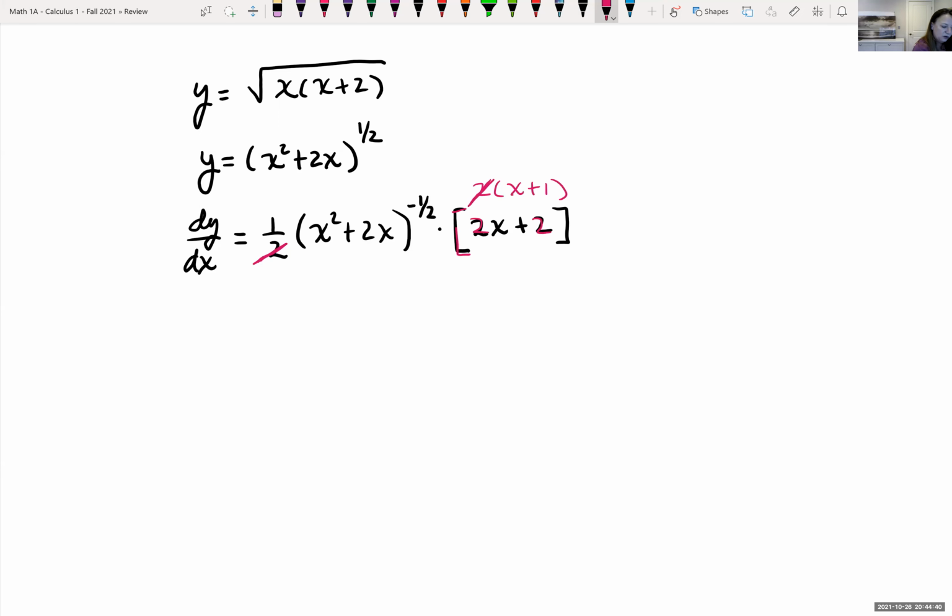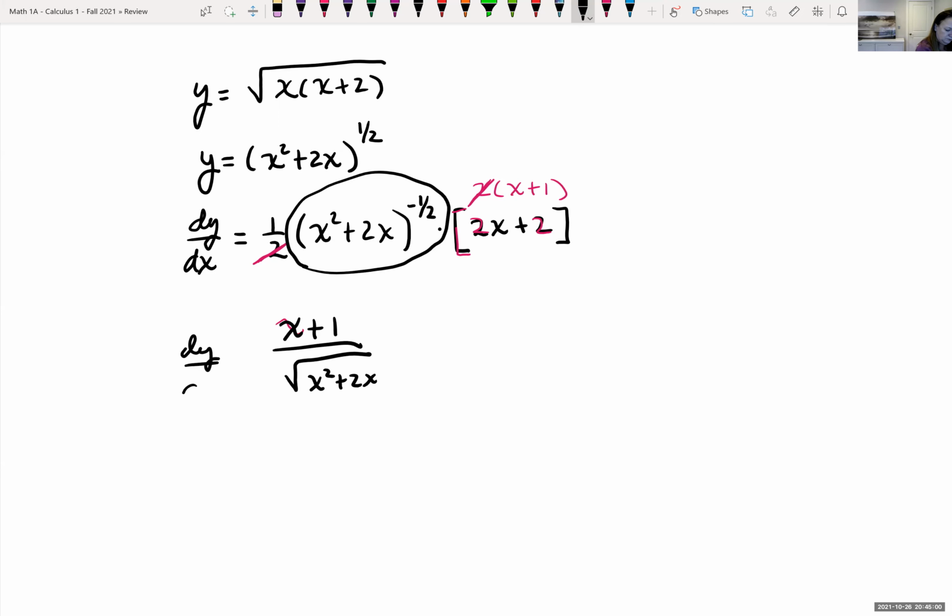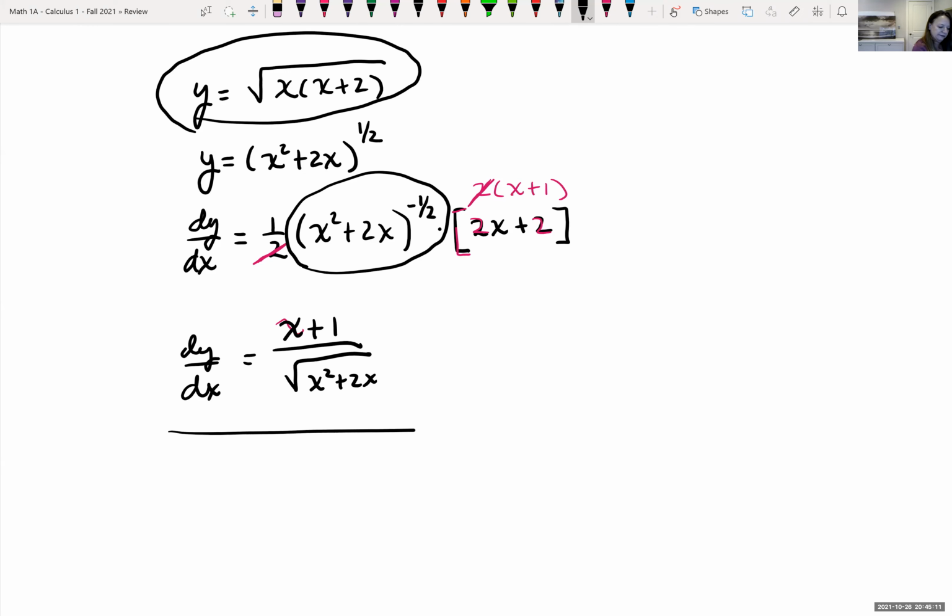And so all we're left with in our numerator then is this x plus 1, all over, and so let's bring this down to the denominator and rewrite it as a square root. So we have the square root of x squared plus 2x. And we can leave it like that, or we can pull out the x just like it was written in here. But either way is sufficient.